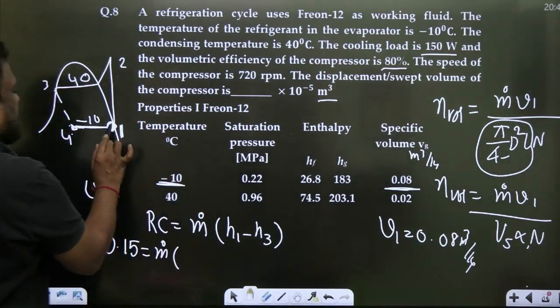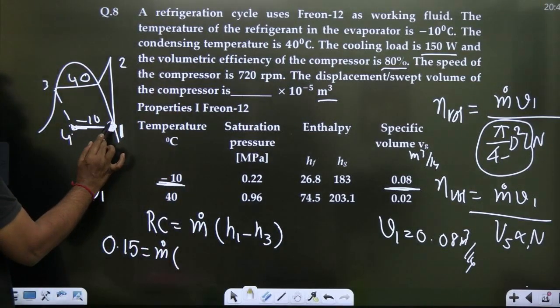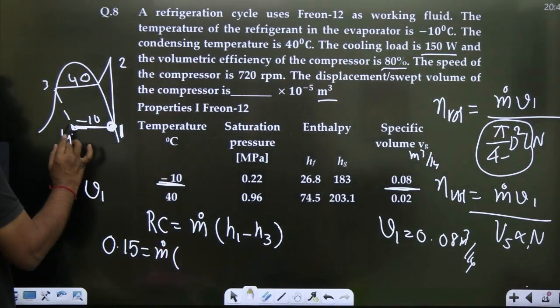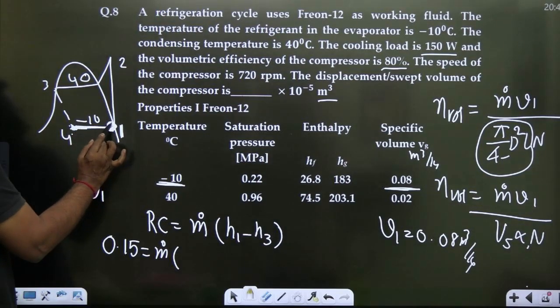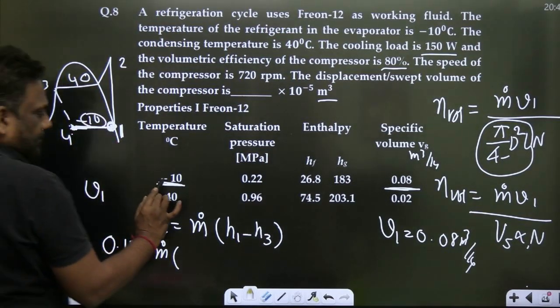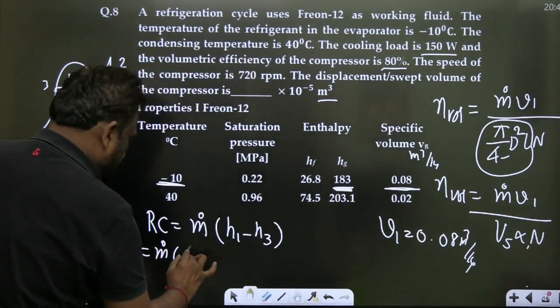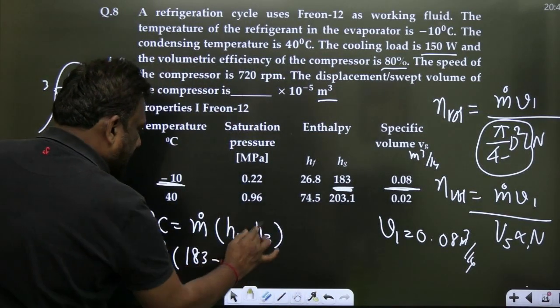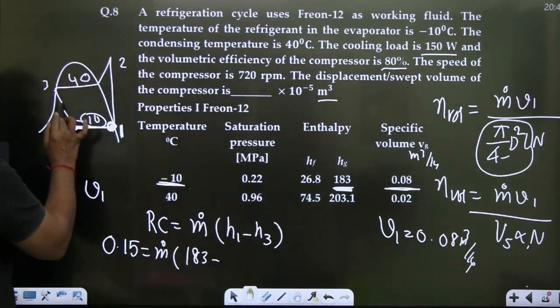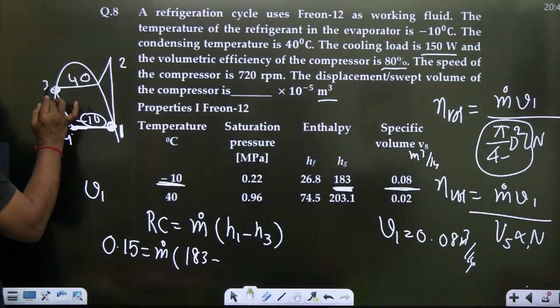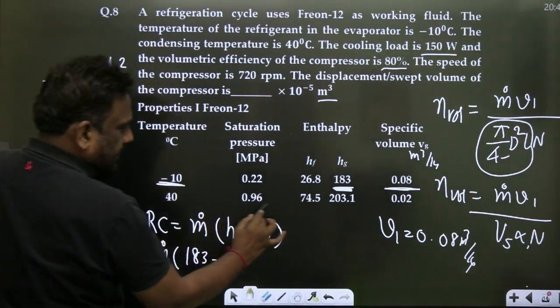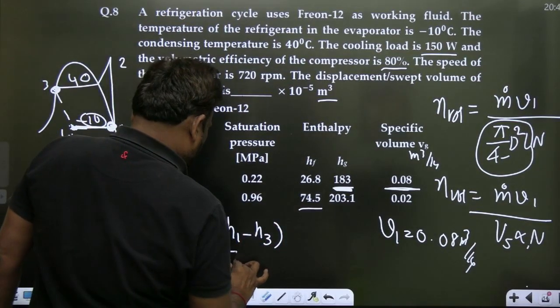H1 is how much? Minus 10 degrees centigrade vapor enthalpy, Hg is 183. H3: what is H3? 40 degrees centigrade saturated liquid, Hf at 40 degrees, 74.5.